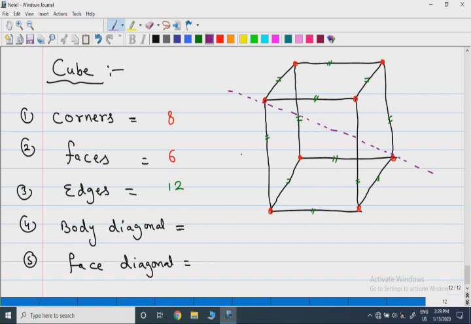The line with the purple dots is representing the body diagonal. Now the question is, how many body diagonals are there? Okay, Shillong. Guys, have you understood what I was trying to say in case of the body diagonals?